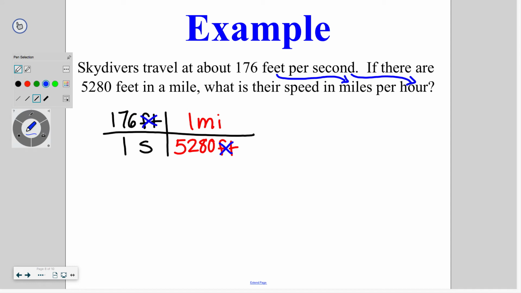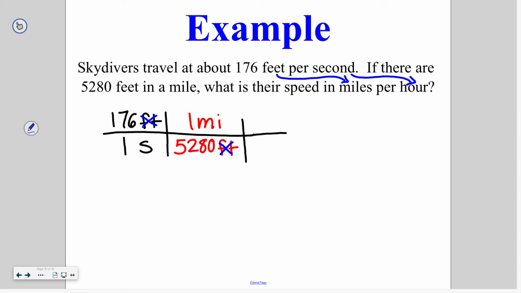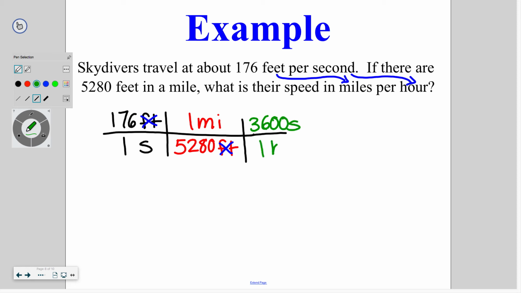We're not done yet though, because I want to turn my seconds into hours. So I'm going to go ahead and look at the top of that chart, and it tells me that there are 3,600 seconds in 1 hour. So even though there's a step in the middle, we can still cancel out seconds and seconds because one is on top and one is on the bottom.